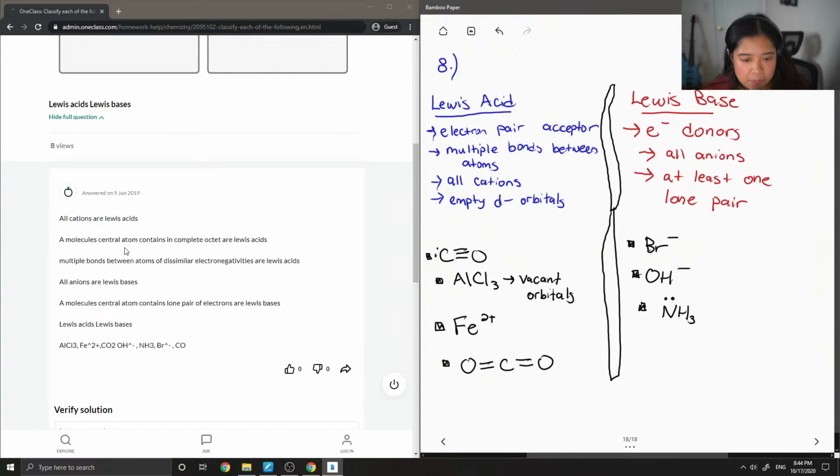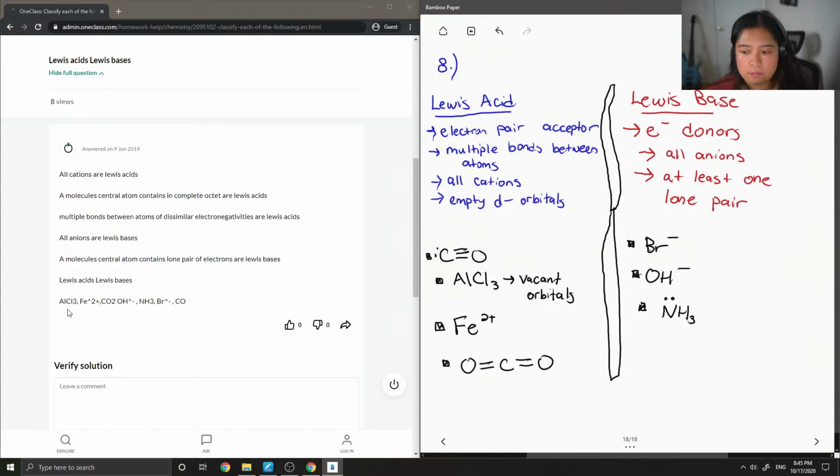And then multiple bonds between atoms of dissimilar electronegativities are Lewis acids. Okay, so they added a bit about how the atoms have to be of different electronegativities. All anions are Lewis bases. A molecule's central atom contains lone pair of electrons are Lewis bases, so that, yeah, at least one lone pair.